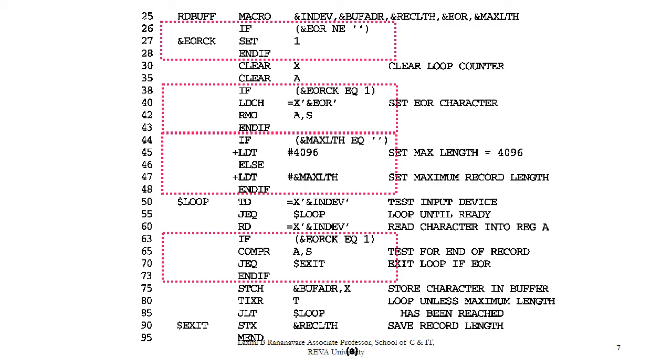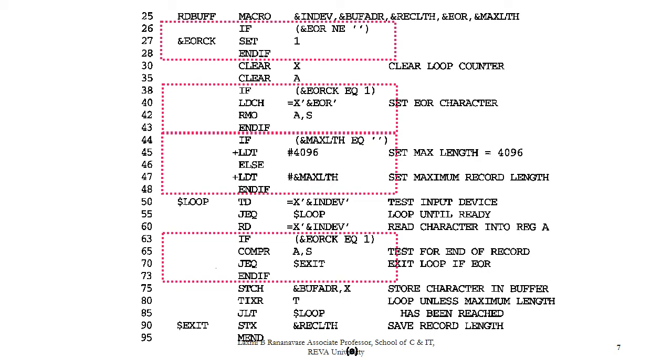Then we have the next if statement defined in this read buff: if EOR CK equals to 1. In the previous case we checked EOR with blank space, which has set this EOR CK equal to 1. Now in this case we are going to see whether EOR CK is equal to 1.